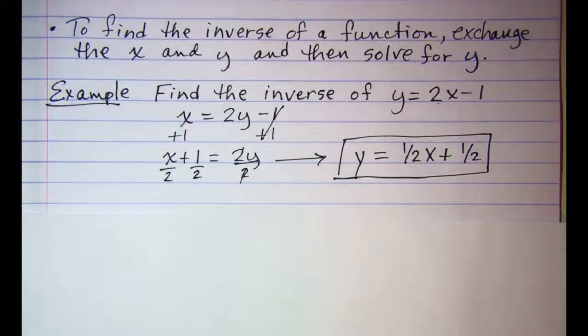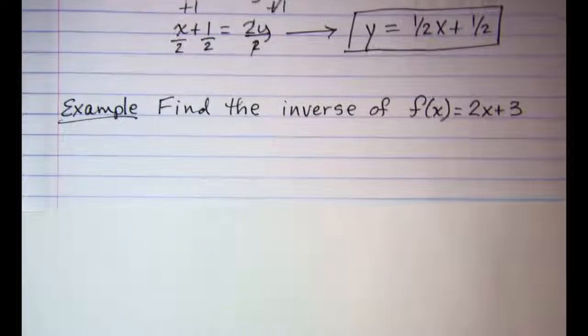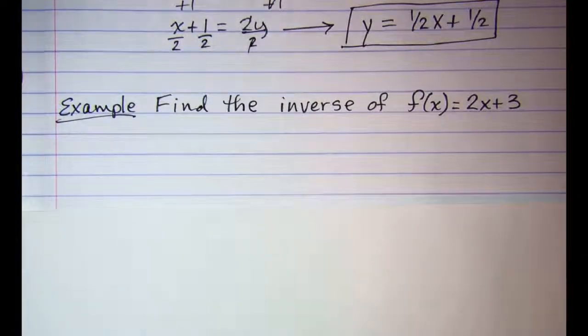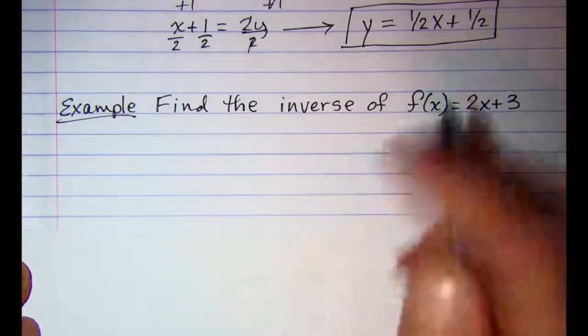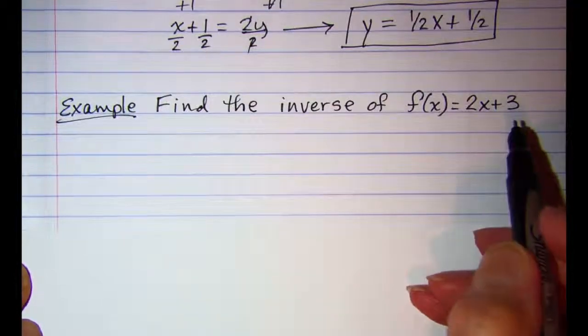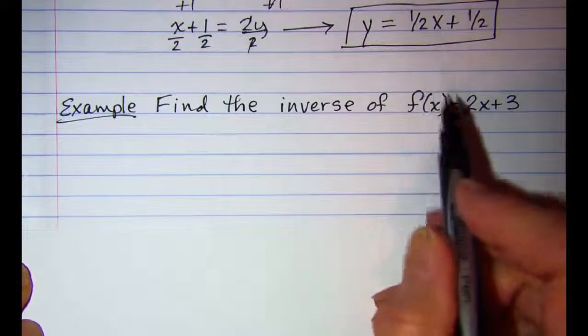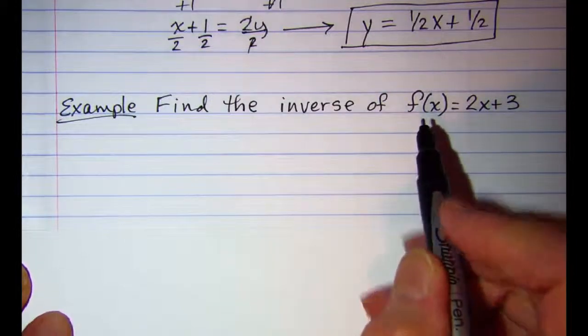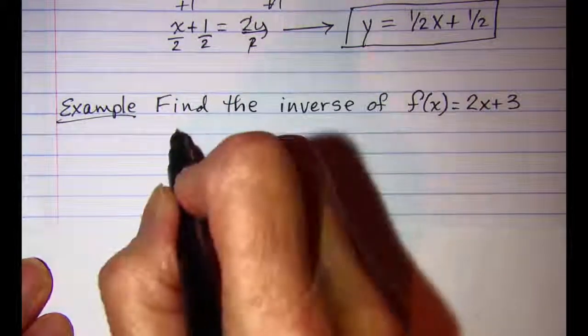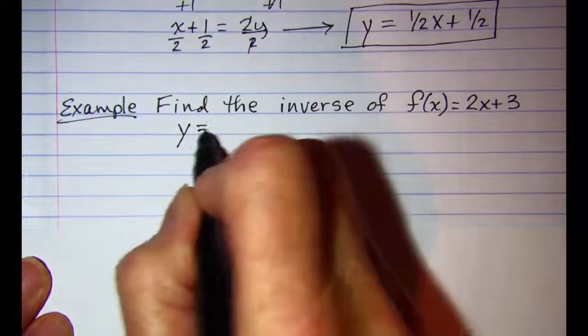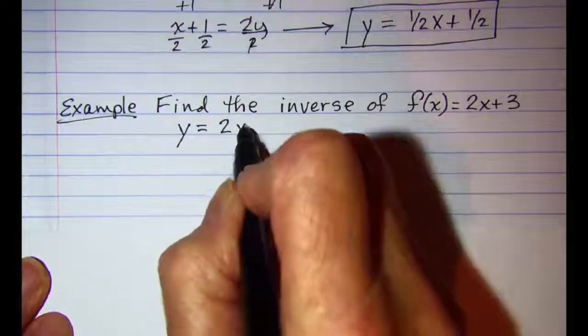Our next example, find the inverse of f of x equals 2x plus 3. Now when we have function notation, remember f of x is the same as y, so I need to first write this as y equals 2x plus 3.